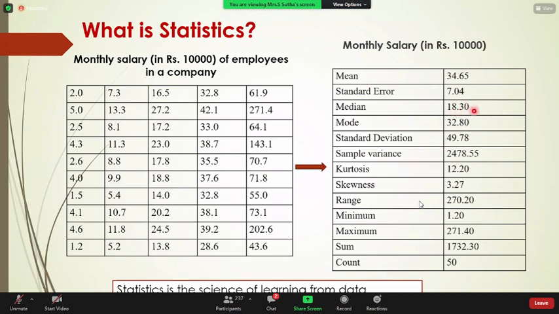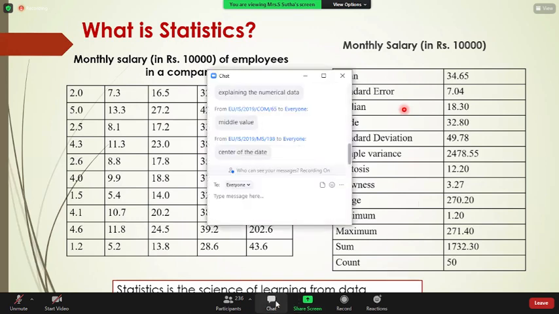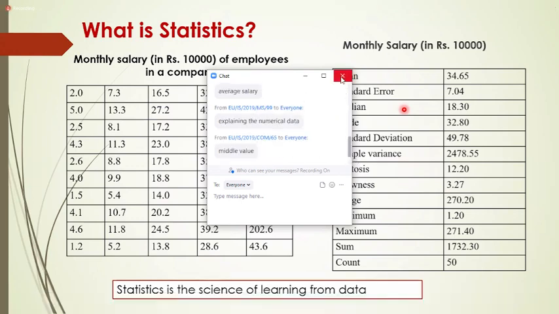Based on my explanation, I said that 50% of the employees earn below 183,000 monthly, and 50% earn 183,000 or more than that. Very good.